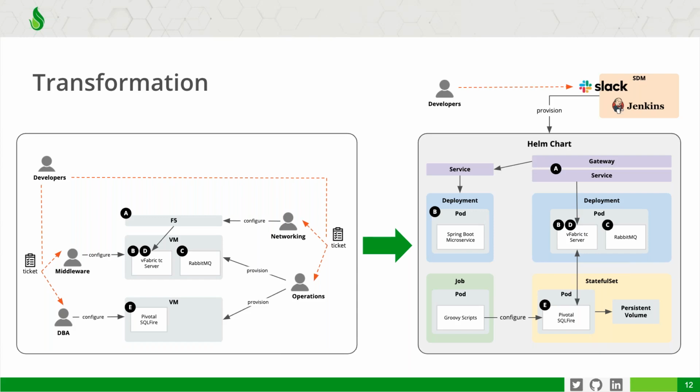We see that those VMs, and the applications running on them, have now been encapsulated as containers running in Kubernetes. We've got some deployment resources that manage the pods for the stateless applications. And then we've got a stateful application, the database, running as a stateful set with some persistent volumes backed by EBS volumes.